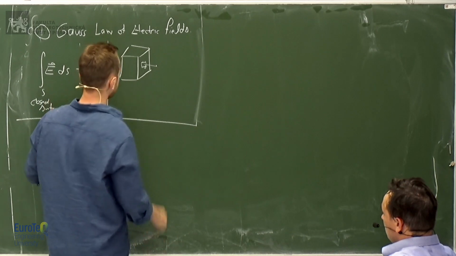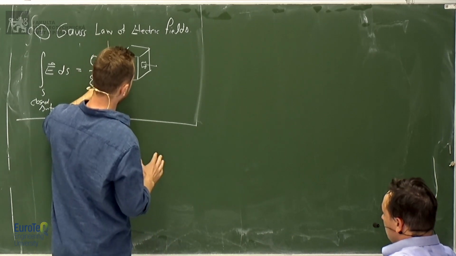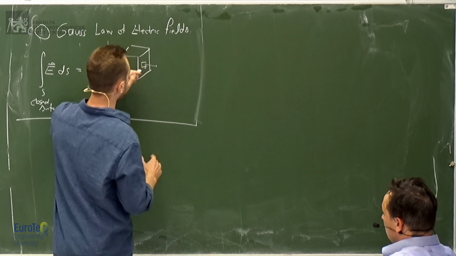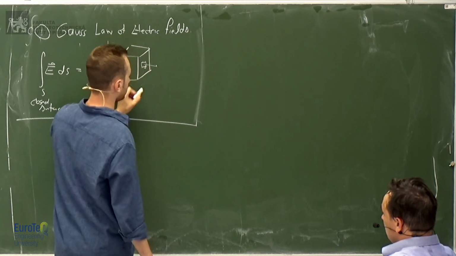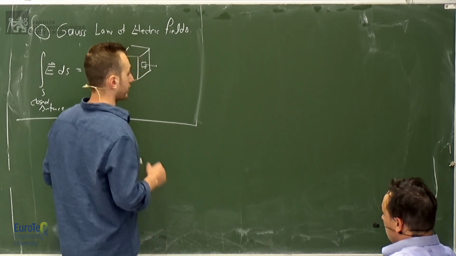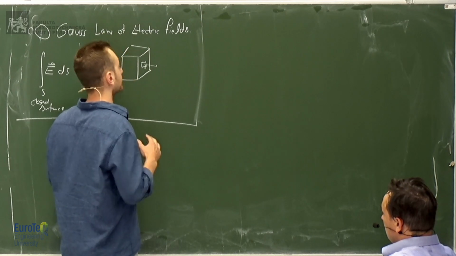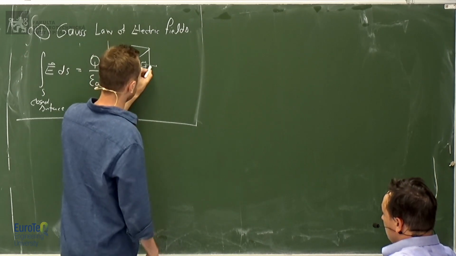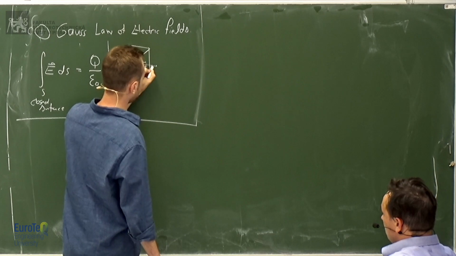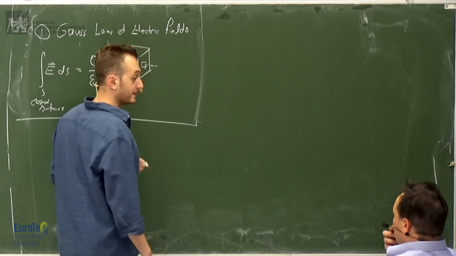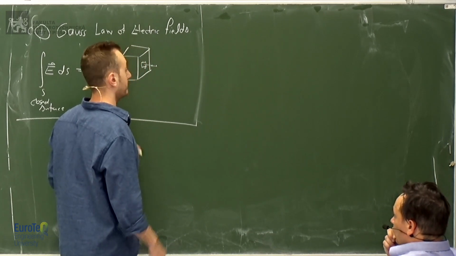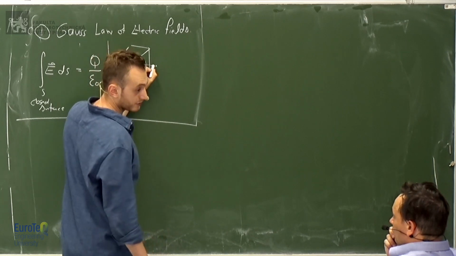We take the dot product of one of those vectors with the orthogonal vector to the surface, and that gives us the component parallel to this orthogonal vector. And that is basically the magnitude of the electric field in that direction.